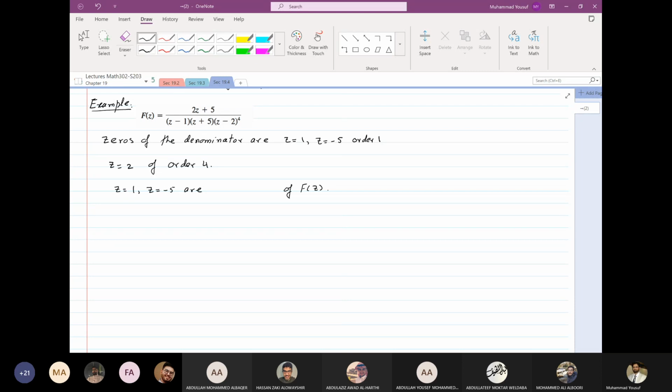Then what are they of capital F of z? Poles. Simple poles of capital F of z. And z equal to 2 is a pole of order 4 of capital F of z.